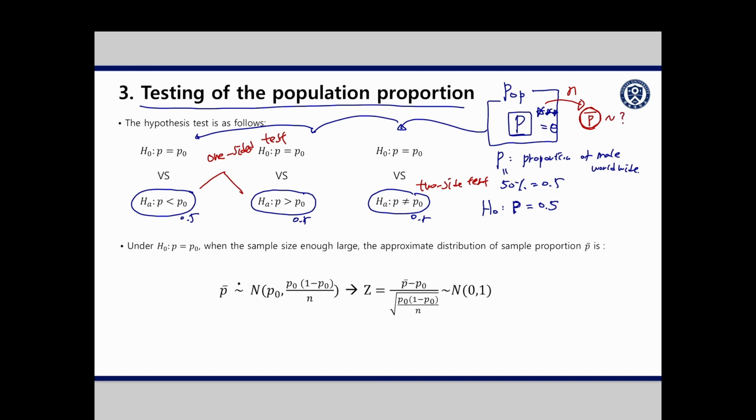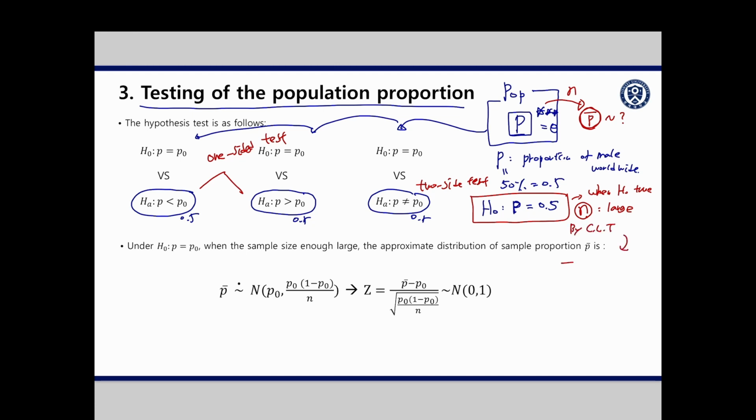Assuming the null hypothesis, when H0 is true and the sample size is large enough, we can apply the CLT.